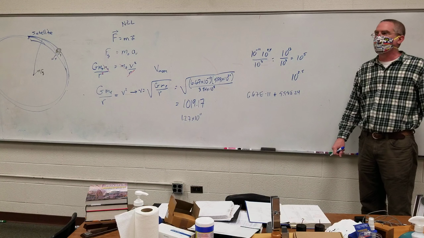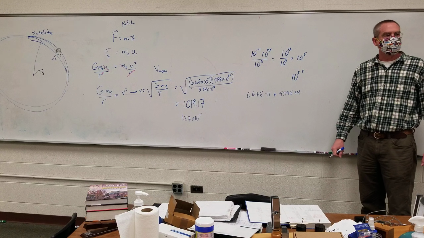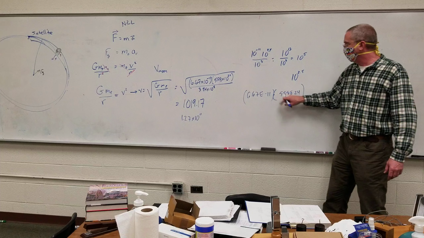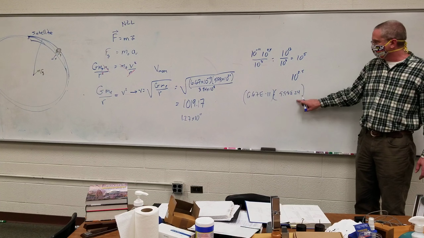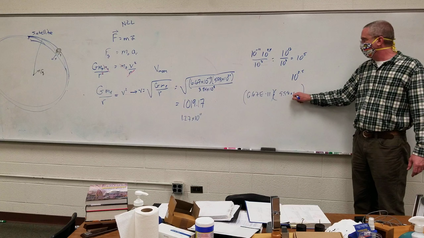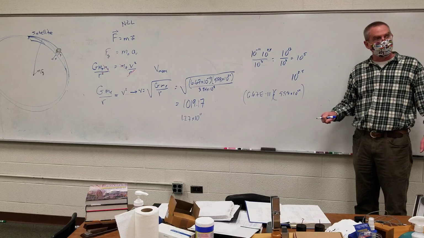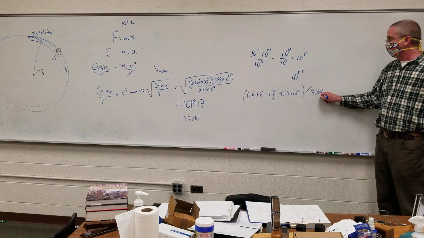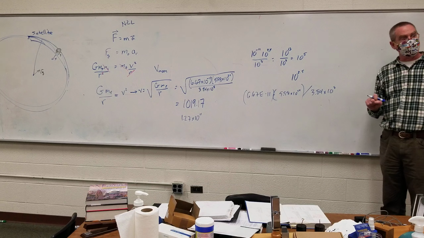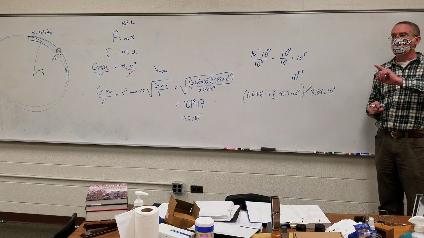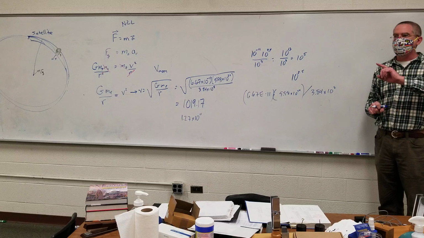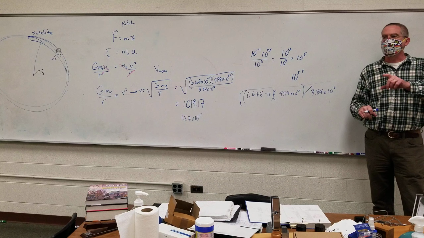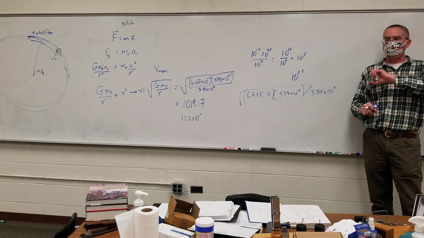I did it in parentheses, and I didn't use E, I did times 10 to the power of 24, but I can try the E. Then divided by 3.84 times 10 to the 8th, like that. What's the mistake here? I put it in square root. Why is this coming out with the wrong answer?